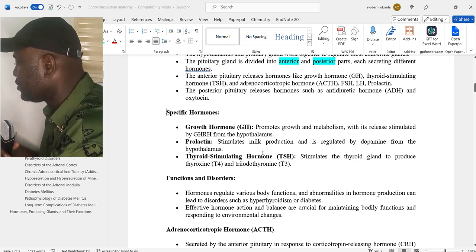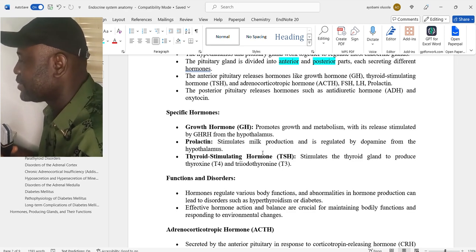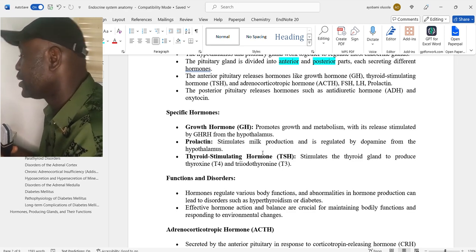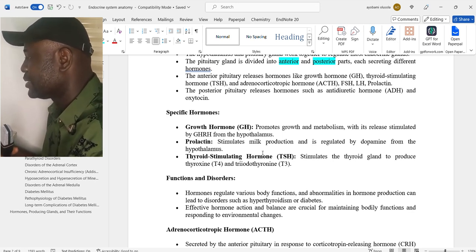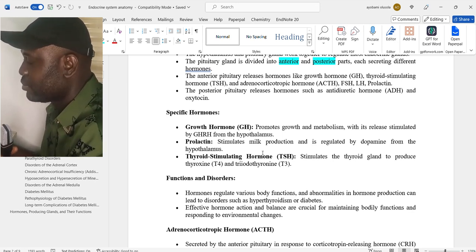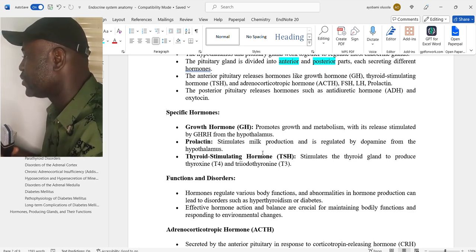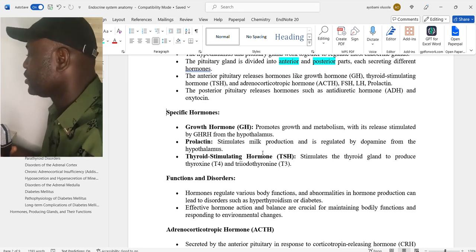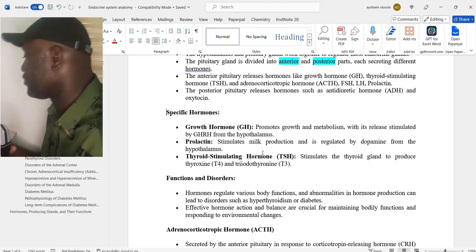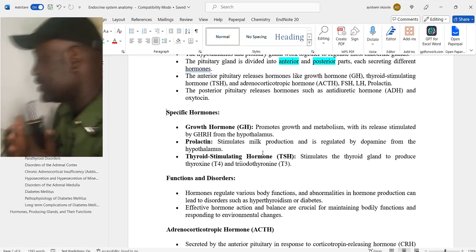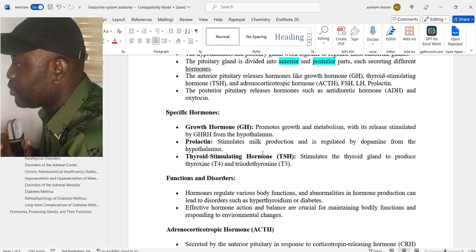So the specific hormones that we have, growth hormone, as the name implies, it promotes growth and metabolism, and its release is stimulated by GHRH produced by the hypothalamus, and GHRH is growth hormone releasing hormone. Prolactin to stimulate milk production so that the mother can breastfeed the child. This hormone is regulated by dopamine.